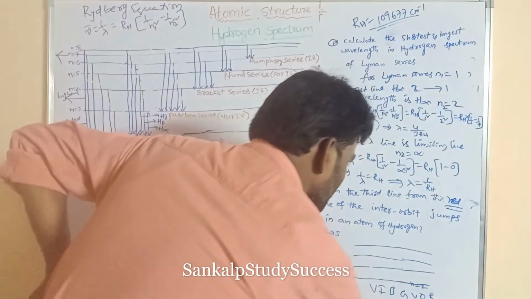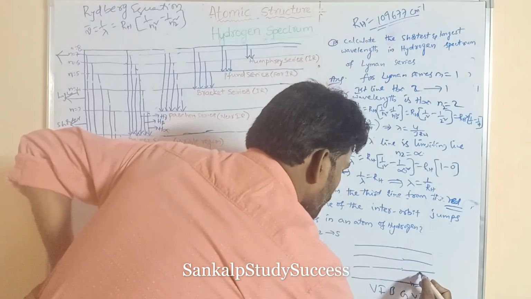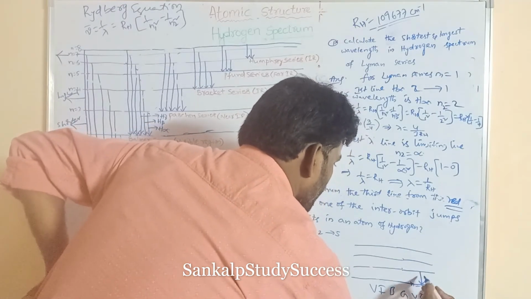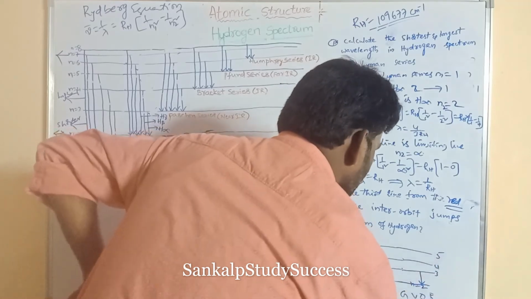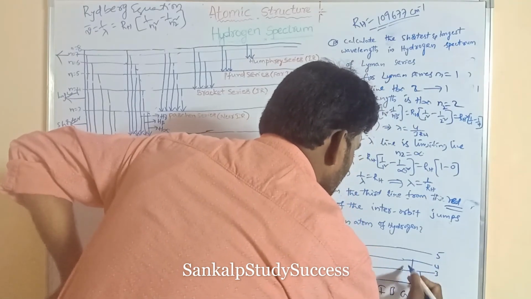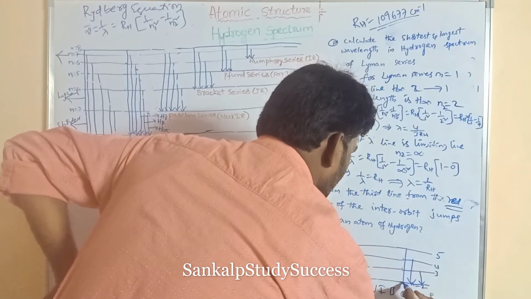This is the red end. So this is the first line. This is 3, this is 4, this is 5. So this is the second line, and this is the third line.